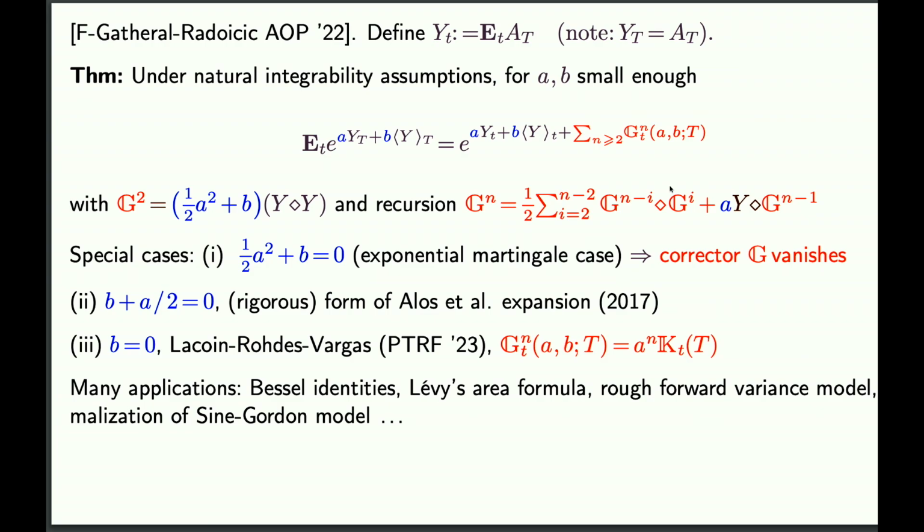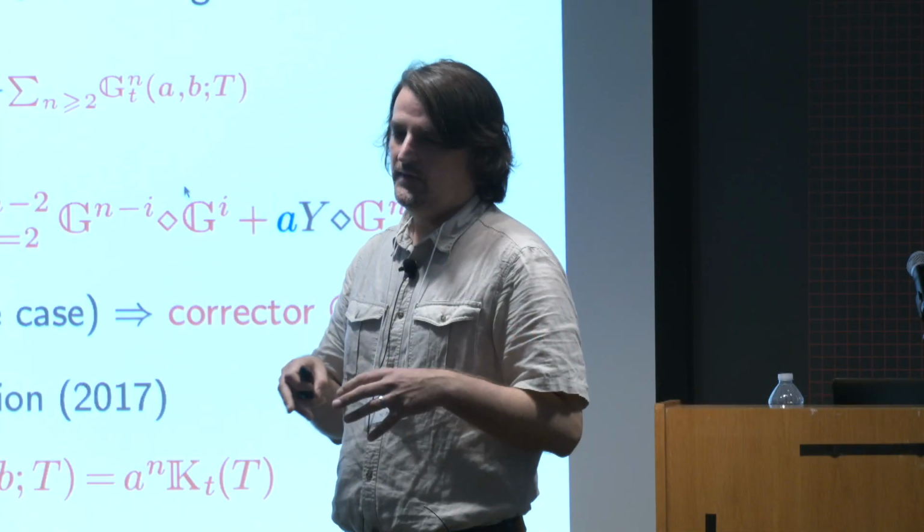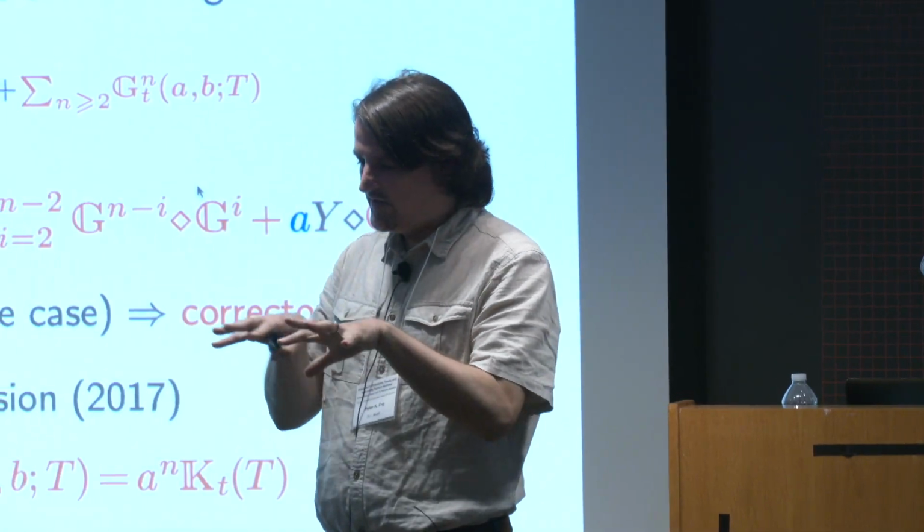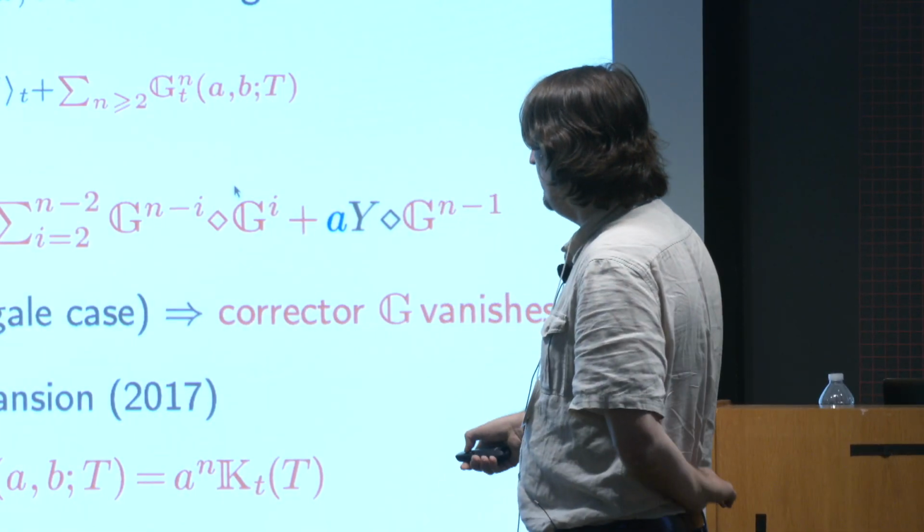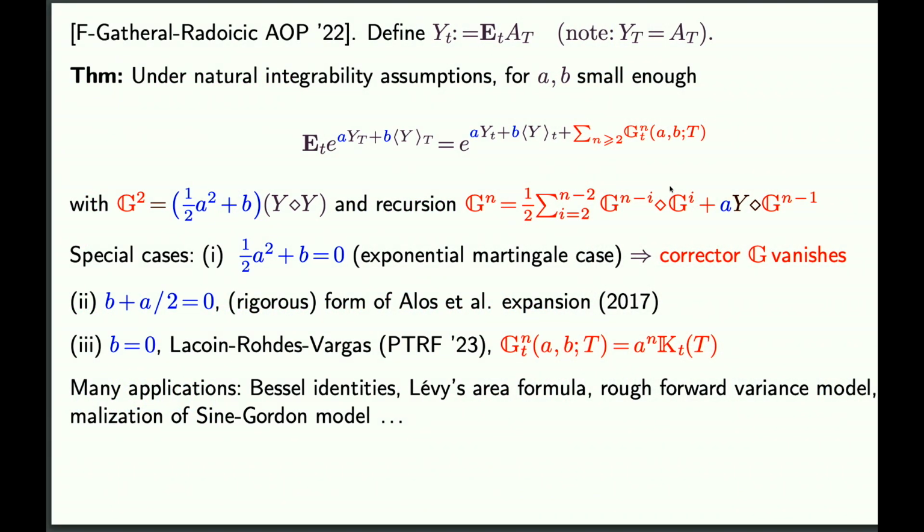Okay, there are many applications, and I don't have time, and also I don't want to take sides. Let me just say that the motivation in this paper by Laguin et al. was the Sine-Gordon model, where instead of time going to capital T, it's more like epsilon going to 0, but you can parameterize.